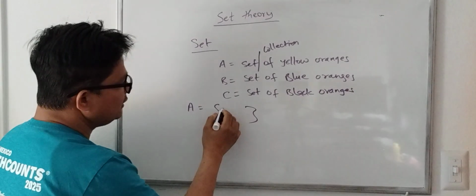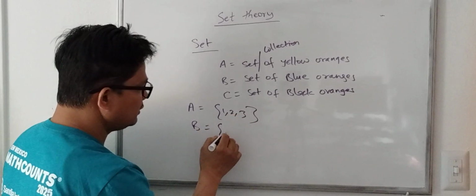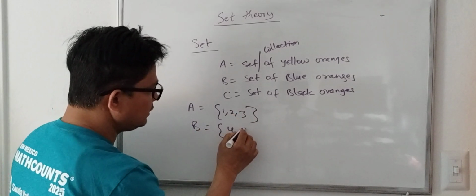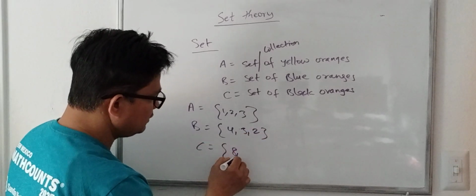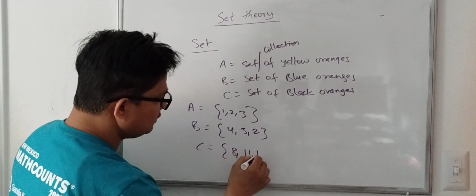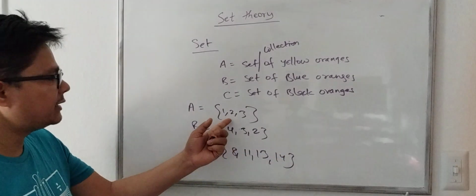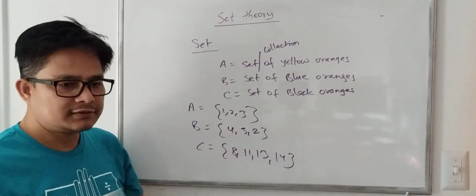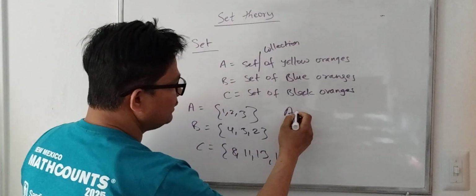Let's say A is {1, 2, 3}, B is {4, 3, 2}, C is {8, 11, 13, 14}, anything. Any number. It can be a negative number also, a fraction also.